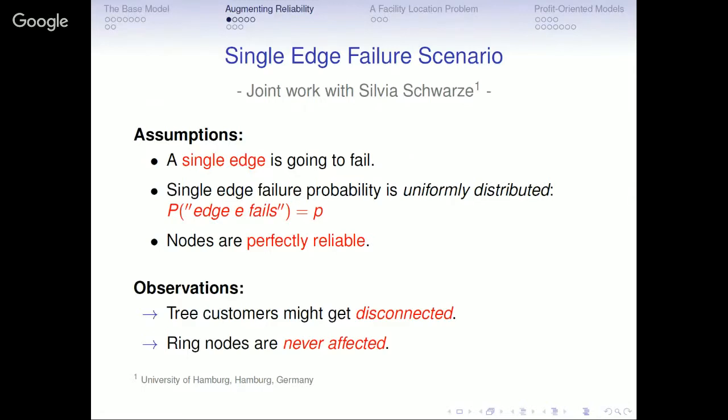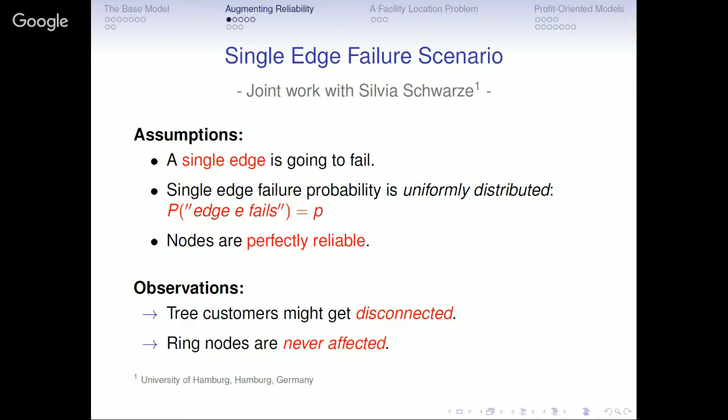So the model itself is oriented toward the one-edge failure. Let's assume that this one single edge is going to fail, and that the probability of failure is uniformly distributed, such that each edge fails with the same probability, and the nodes are perfectly reliable, meaning that the nodes are never causing any trouble. It's just the edges themselves.